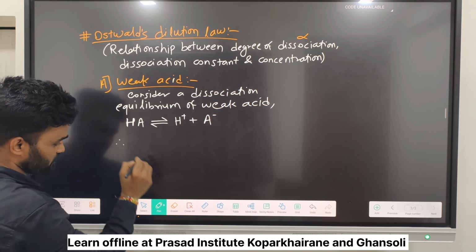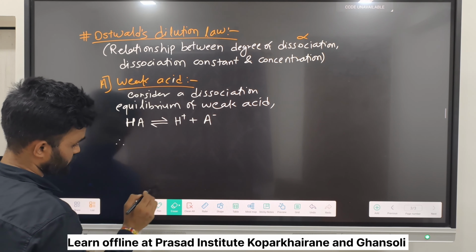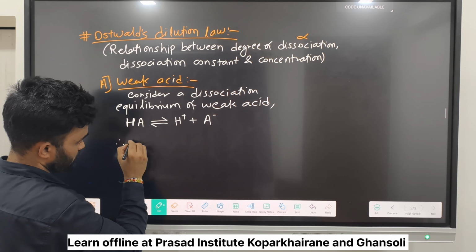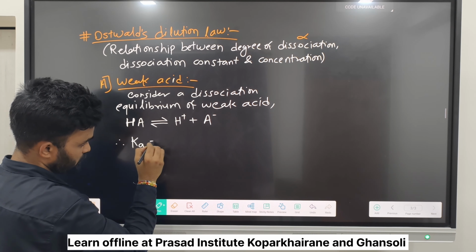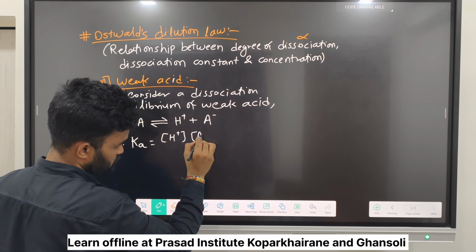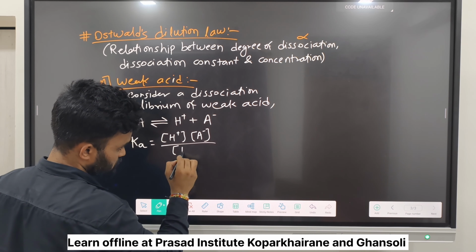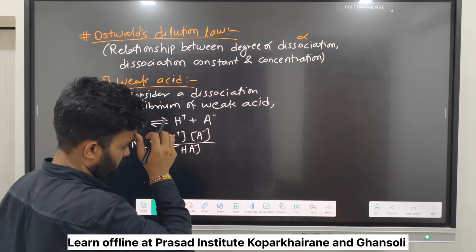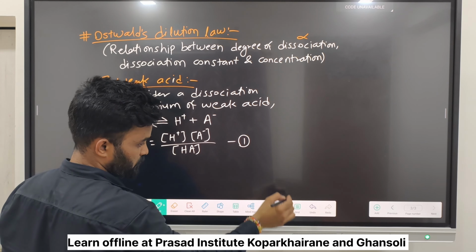So let's write, therefore Ka is equal to concentration of H plus into concentration of A minus upon concentration of HA. याला आपण इक्वेशन नंबर 1 म्हणूया.